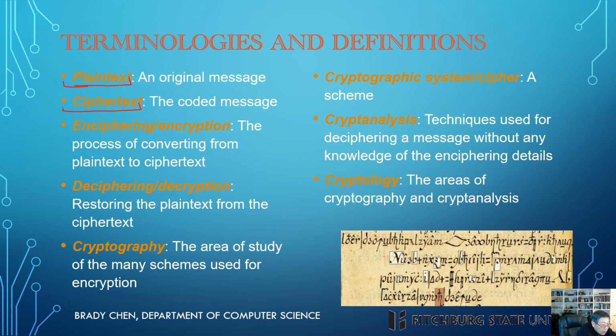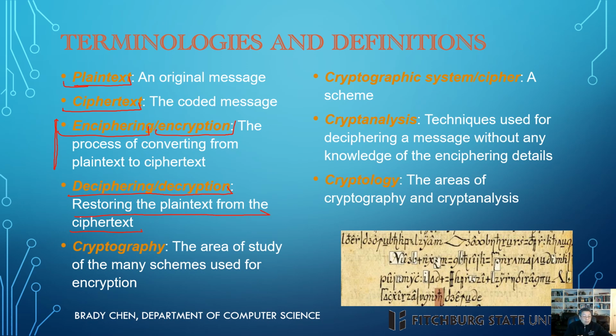Now, the third terminology we're going to talk about is enciphering or encryption. Okay. Now, enciphering and encryption is the process of converting from plain text to ciphertext. Okay. Now, a big part of this course is to discuss various different enciphering and encryption algorithms. Okay, and deciphering and decryption is the opposite. It is basically used to restore the plain text from ciphertext.